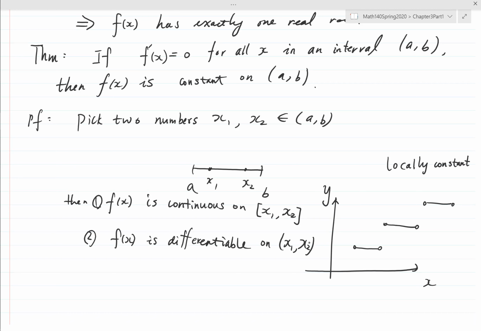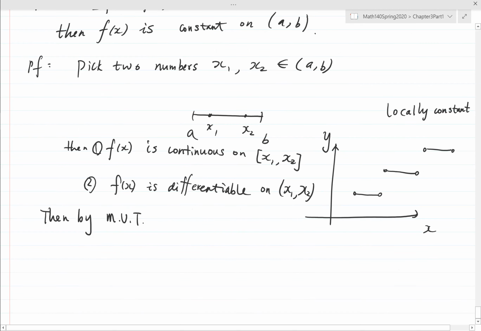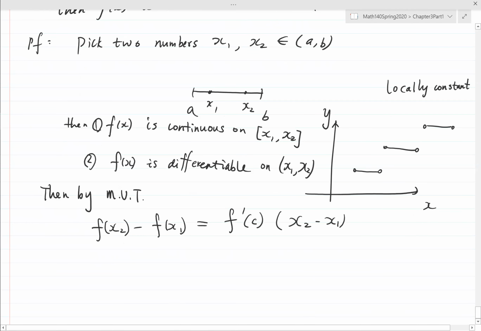Then we can conclude by the mean value theorem that f(x2) minus f(x1) equals f derivative at c times x2 minus x1, for some number c in the interval x1 to x2.